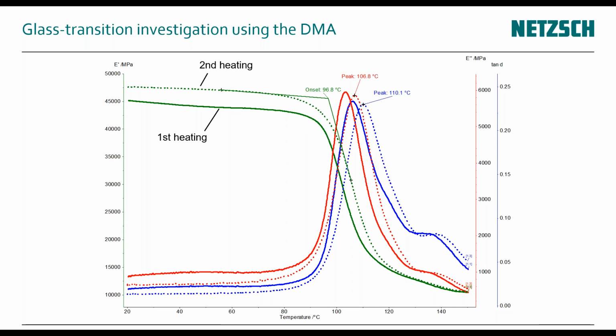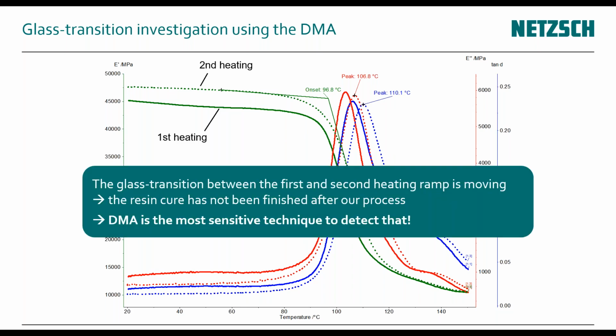So the onset of the storage modulus is higher, the peak temperature of the loss modulus is higher, and the peak temperature of tan delta is also higher. And that tells us we are shifting the glass transition temperature. That means the resin cure has not been finished after our process. So after the first heating, the cure was not fully done.